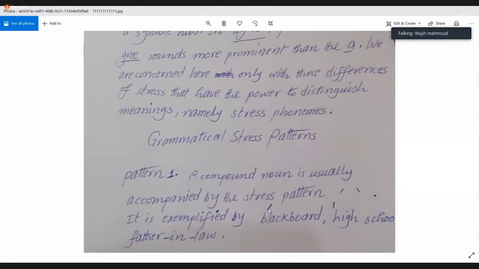Sorry, did I say second? This is the primary stress. This is secondary. Here we have primary stress. The primary stress falls on the first element. So it could be written as one word. It may be written as 2 words.